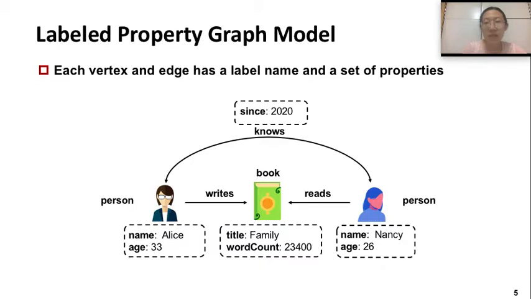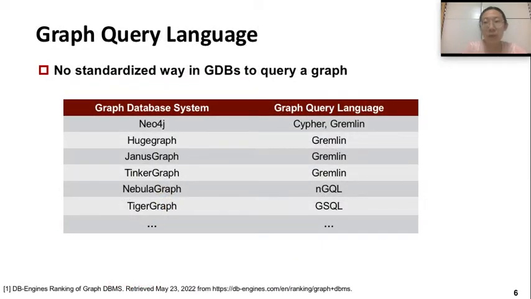Most GDBs are built on the labeled property graph model. In this graph model, each vertex and edge has a set of properties and can be divided into different groups by its label.